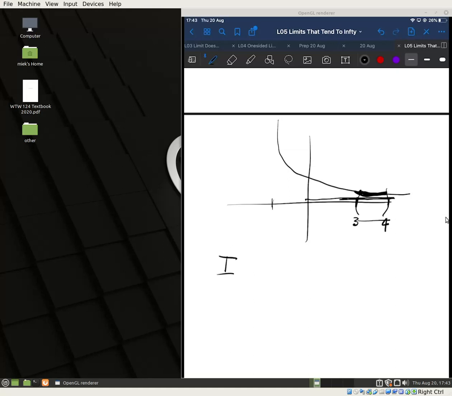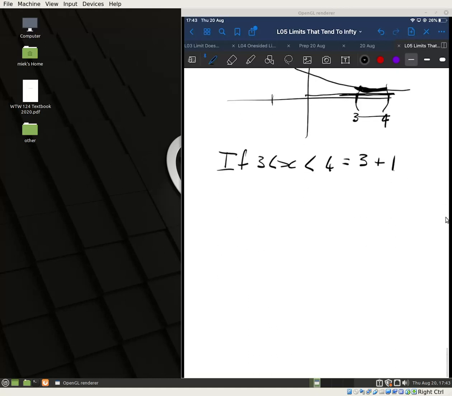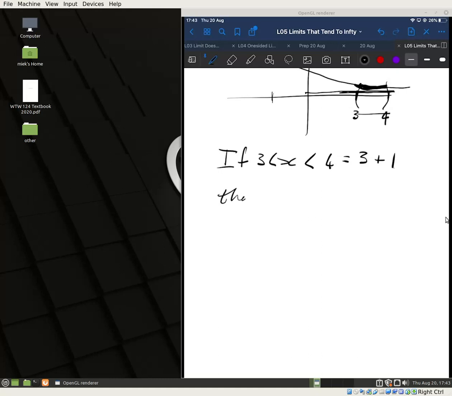So let's say if x is greater than 3 but less than 4, and remember that is 3 plus 1, then what happens? Then we want x plus 3 to be greater than something. So I'm just going to put that in brackets for now.